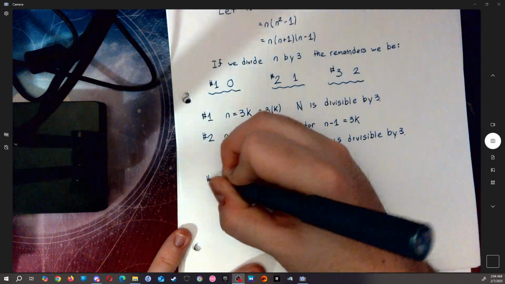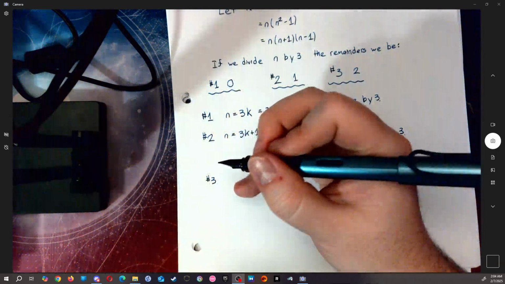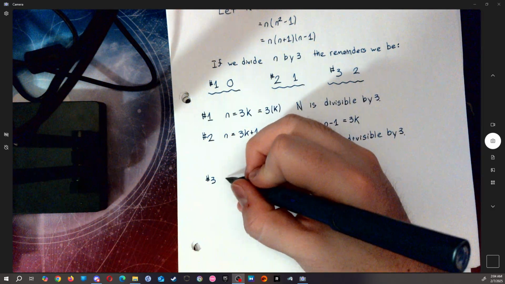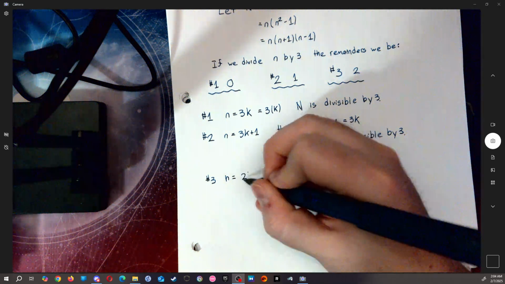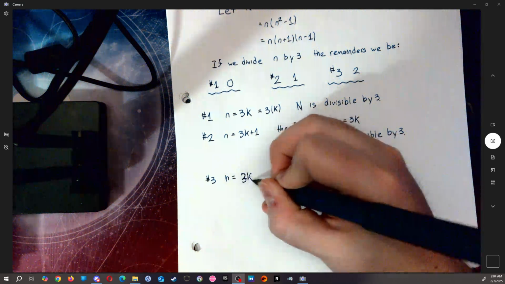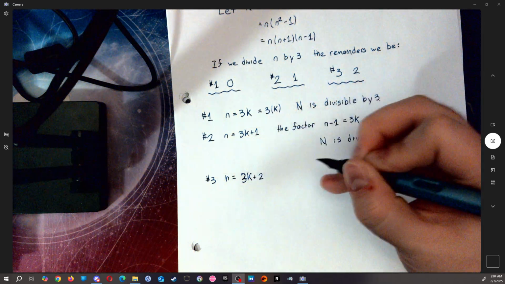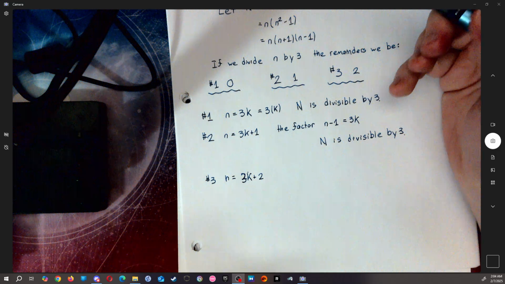And extending that logic to our third scenario, where n is equal to 3k plus 2, that means we get our third scenario.